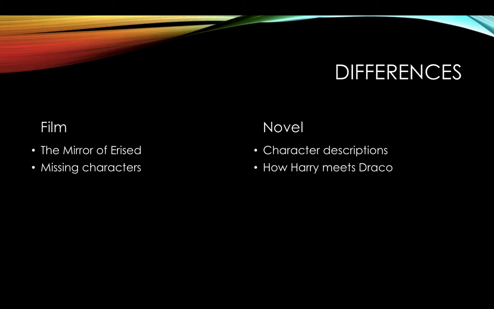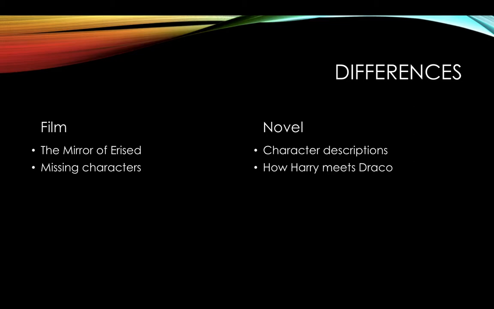And so then I'm going to skip back over to the novel. One difference that I noticed right off the bat is how Harry meets Draco. In the novel, he meets him at a wardrobe shop, and Draco's really mean to Hagrid, and they have that kind of interaction. That's where they first meet. And then later on the Hogwarts Express, they have an interaction again.